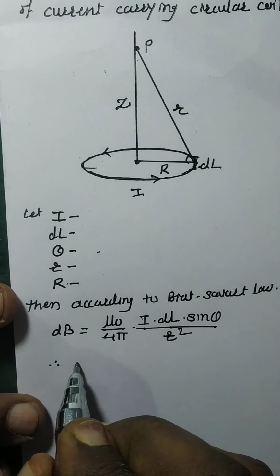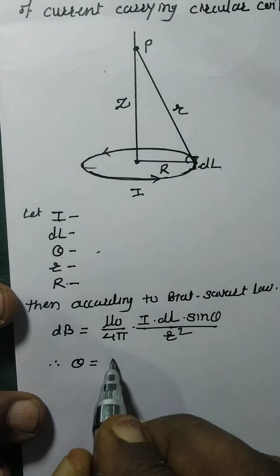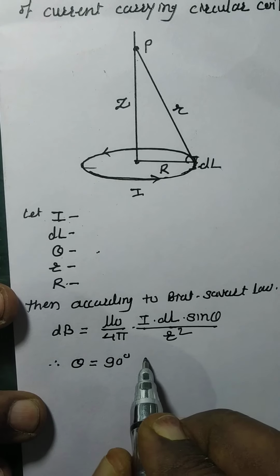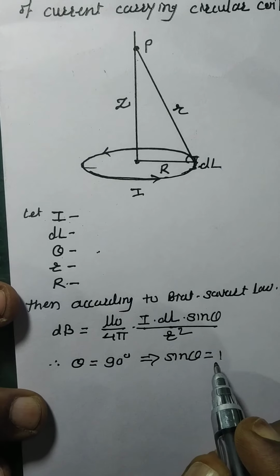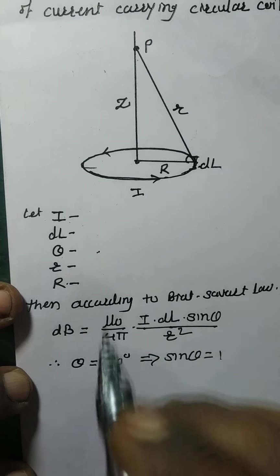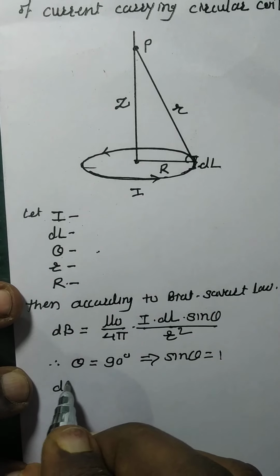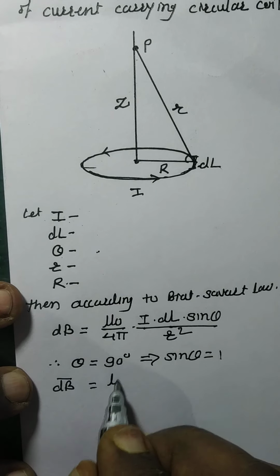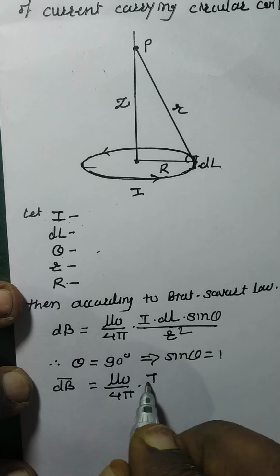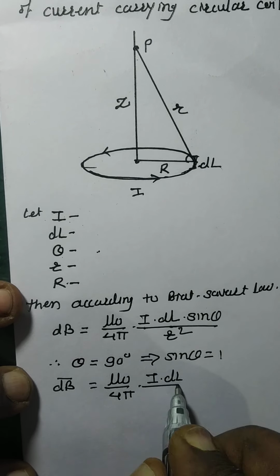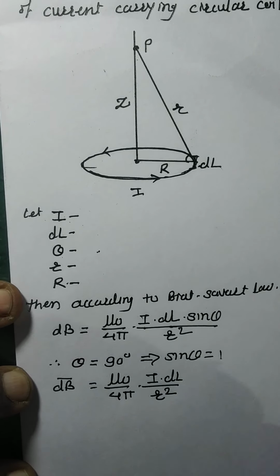Therefore theta is equal to 90 degrees, which implies sin theta is equal to 1, and therefore dB is equal to mu naught divided by 4 pi into I into dl divided by r square.